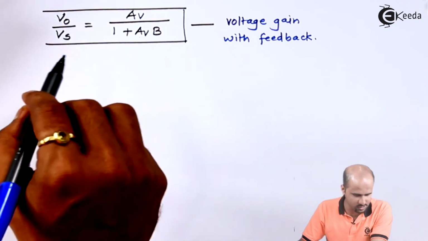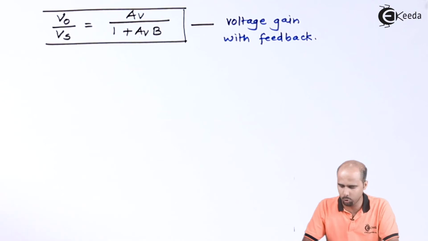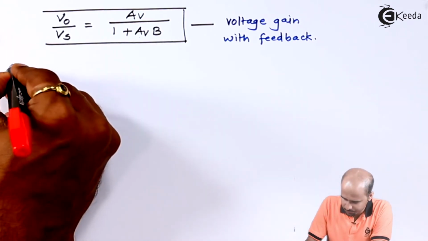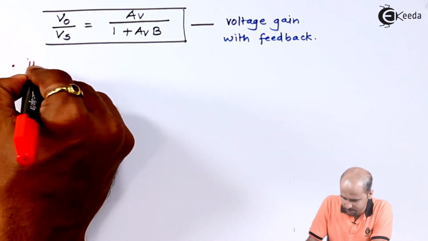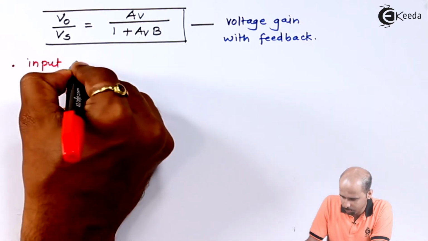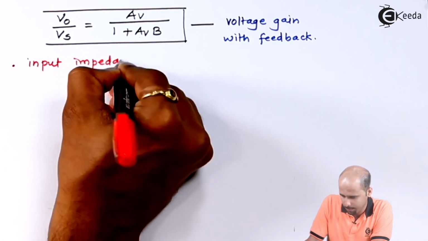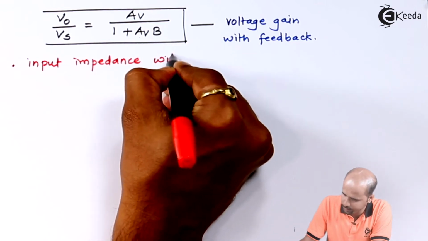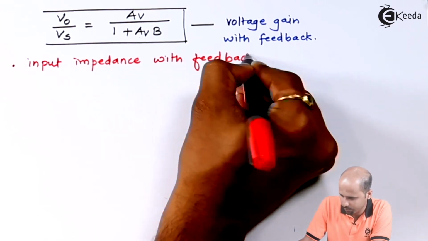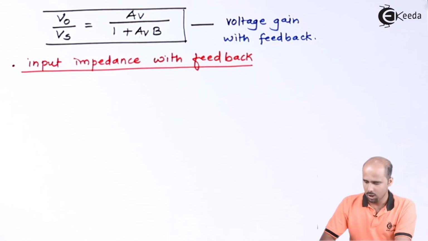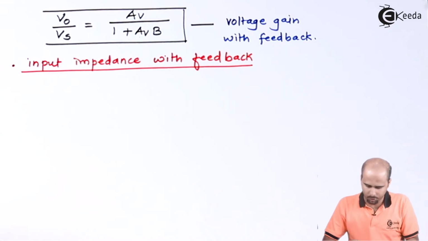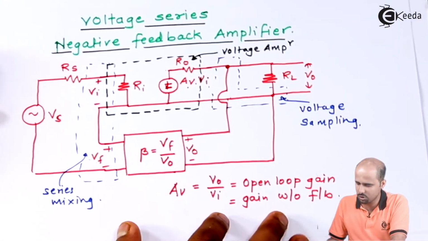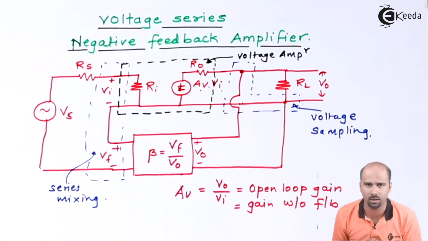So this first thing we have done, and now we will move towards the second thing, that is input impedance with feedback. Whenever we are learning input impedance with feedback, keep in mind that Ri is input impedance without feedback.